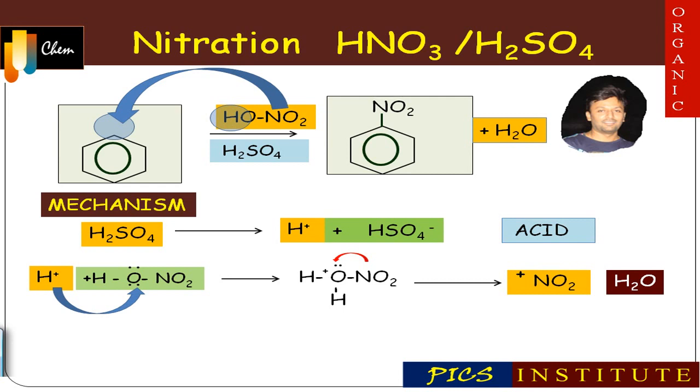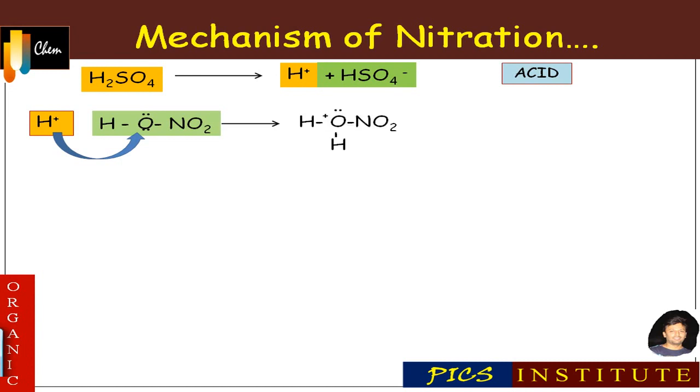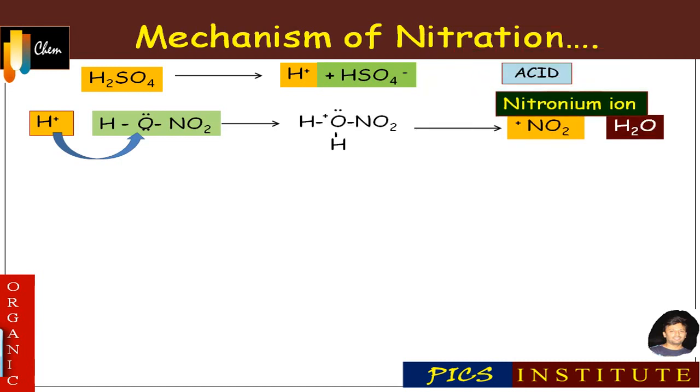The final species formed is NO2 positive, which is also called nitronium ion. So again we can represent it as nitronium ion, which is the attacking species. So till now, remember, H2SO4 is an acid, HNO3 is a base, and the attacking species is NO2 positive.